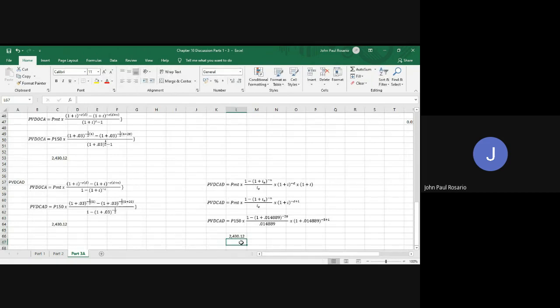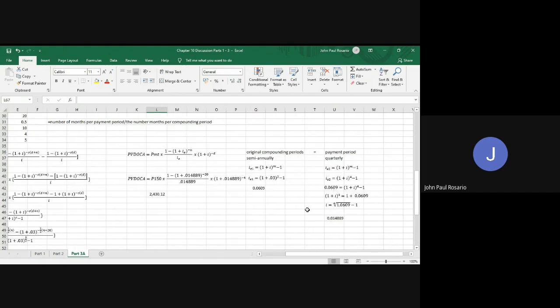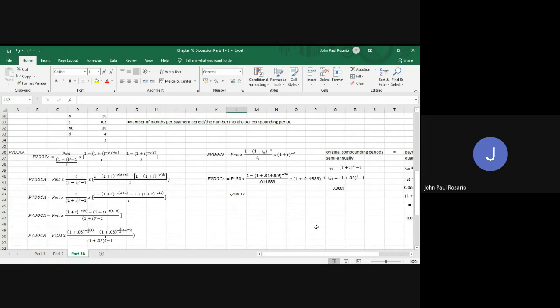Again, whether our c is greater than 1 or less than 1, our formulas will still push through, even in the way that we solve for our equivalent effective interest rate. So with that, we're done with our deferred complex annuity.